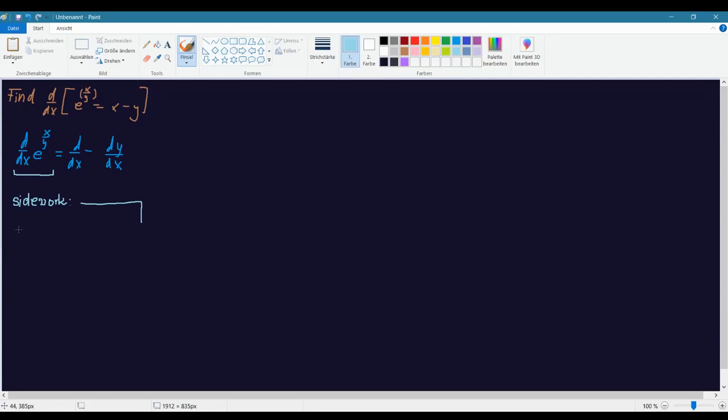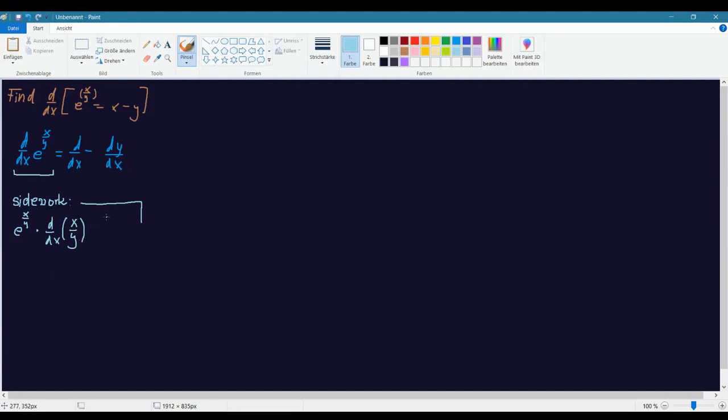So this is going to be e to the x over y, because the derivative of e to the x is just e to the x, and the inner function is x over y. So we plug the inner function into the variable in the derived outer function, and then we multiply that by d by dx of x over y, because that's the inner function.